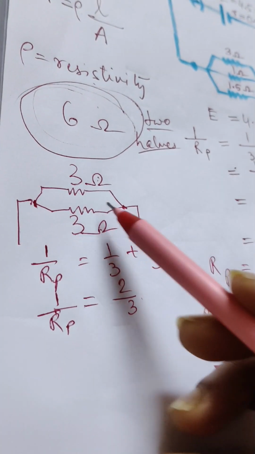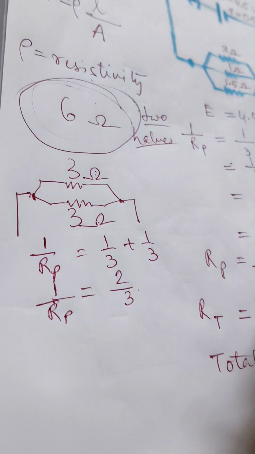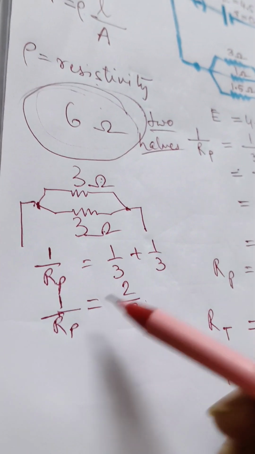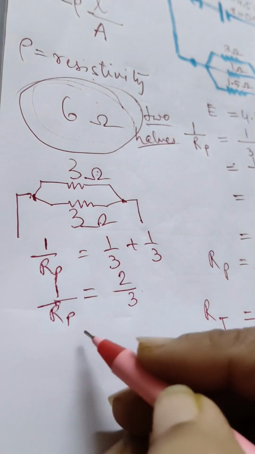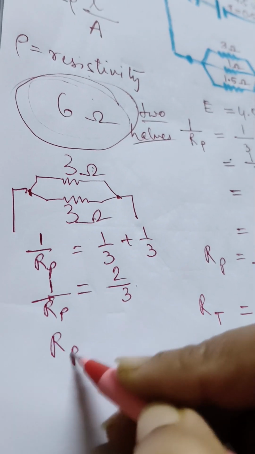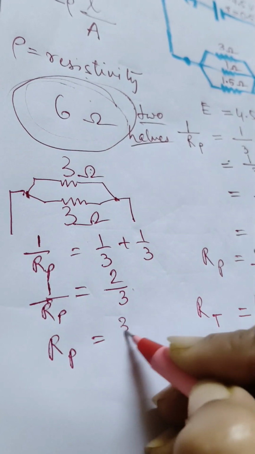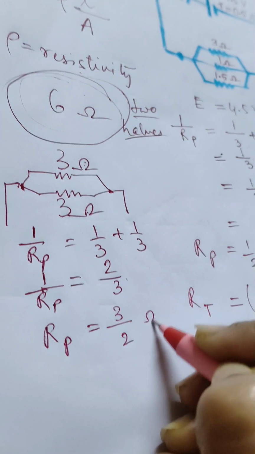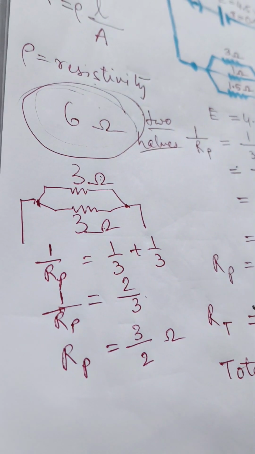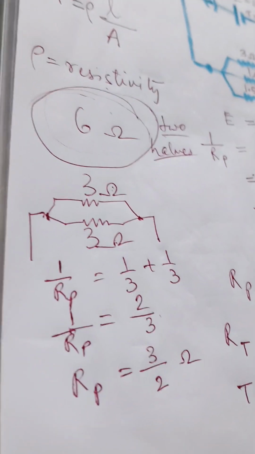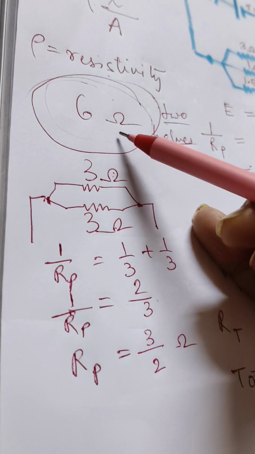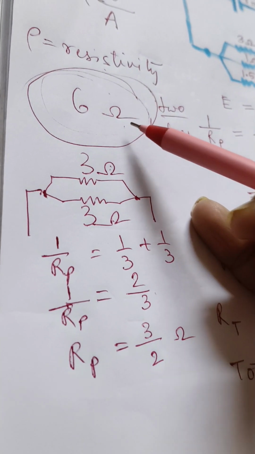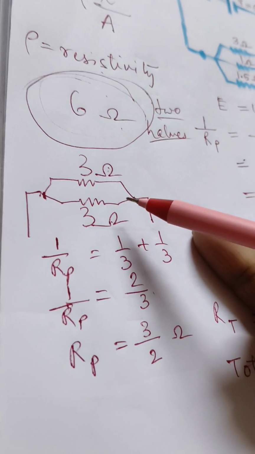When you have a parallel combination, it is 1 by Rp, not Rp. So 1 by Rp is 2 by 3. So do not forget to write Rp by the reciprocal. Okay, it's becoming 3 by 2 ohm. So that is the value of cutting a wire of 6 ohm into 2 halves and putting each half into a parallel combination.